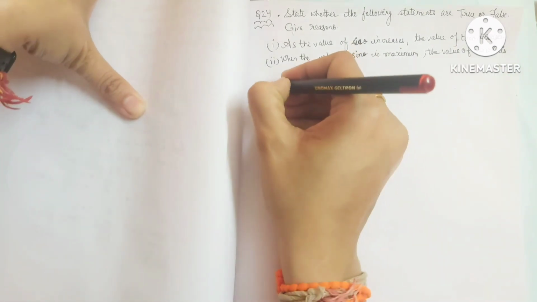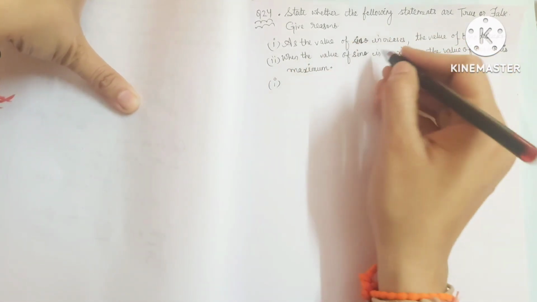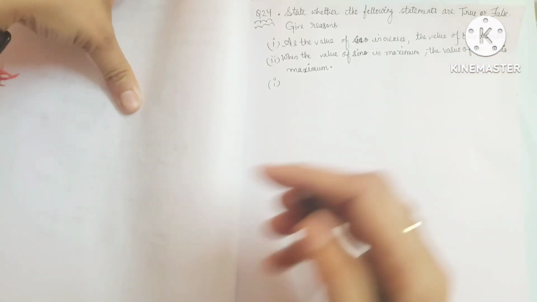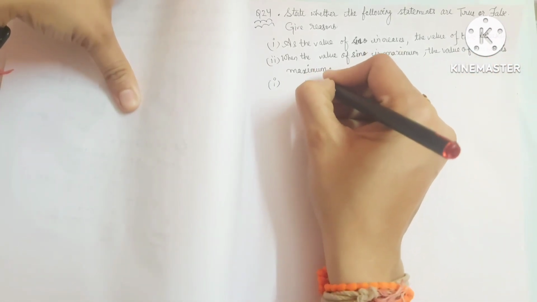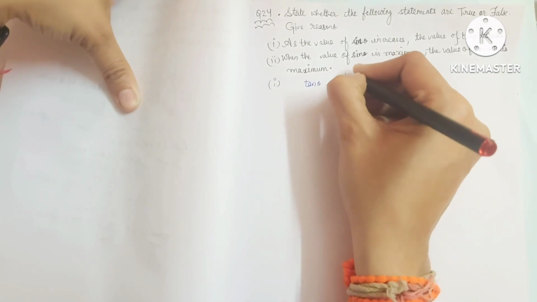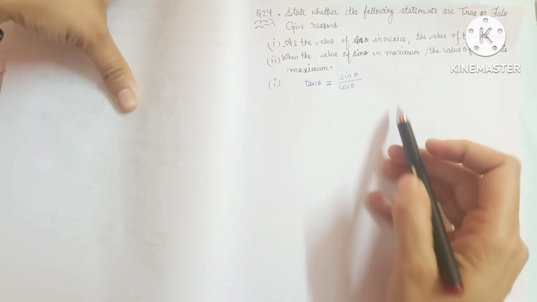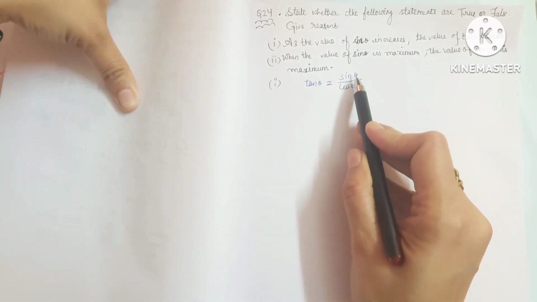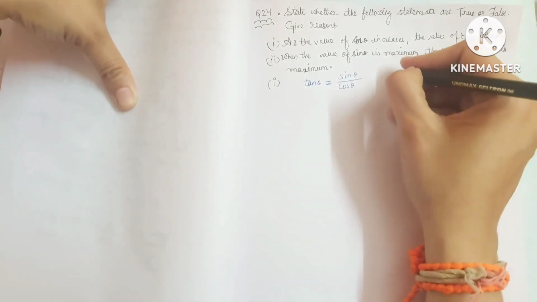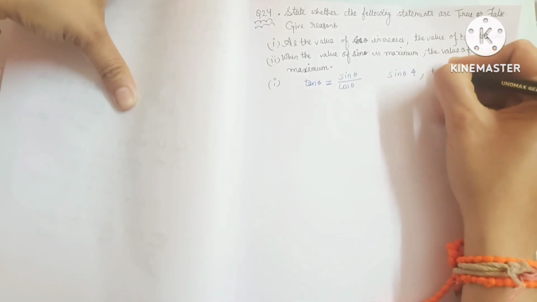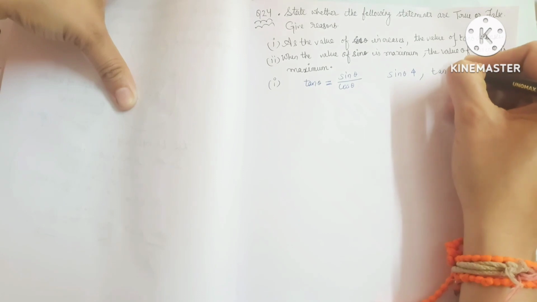So let's start with statement number 1. It says as the value of sine theta increases, the value of tan theta decreases. Now what is the formula for tan theta? Tan theta is equal to sine theta by cos theta. So where is sine theta in this? It's in the numerator. If it is in the numerator, then when sine theta increases, it will make the value of tan theta increase.